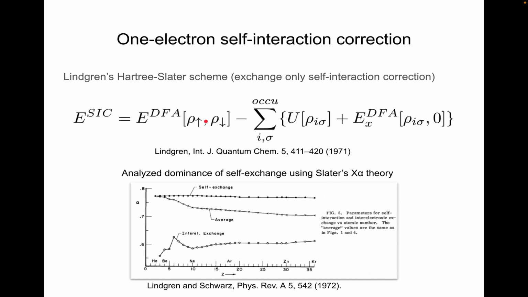Lindgren analyzed the self-interaction using Slater's X-alpha theory, and that was what was being done back in the 70s. This is one of the earlier one-electron self-interaction corrections.